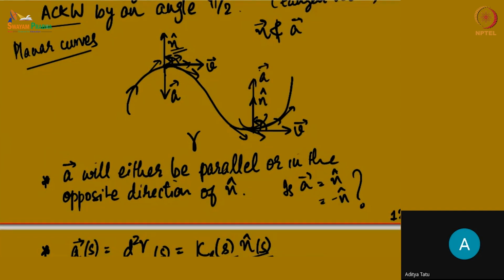Okay, so in this case, the acceleration and n cap point the same way, so the curvature will be positive, whereas in this case, since acceleration is in the opposite direction of n cap, my curvature would be negative.